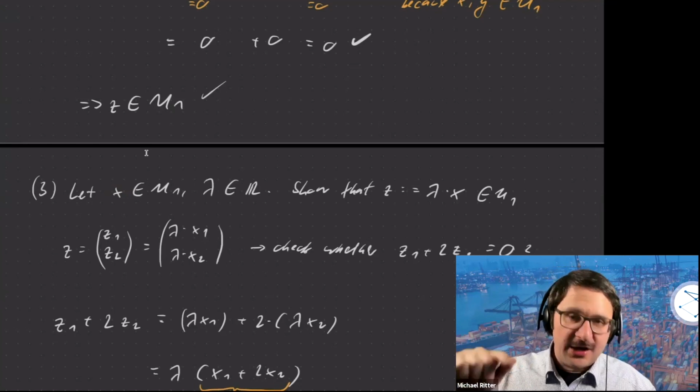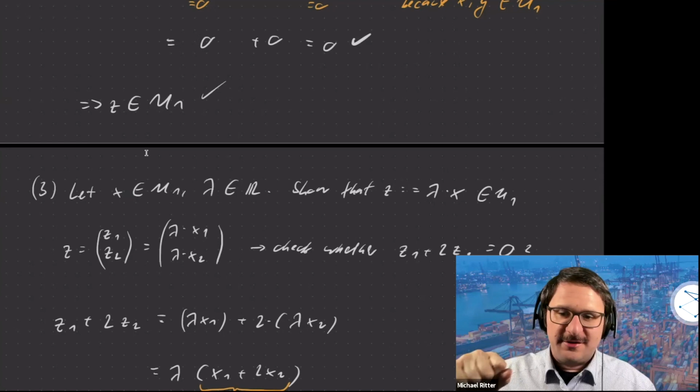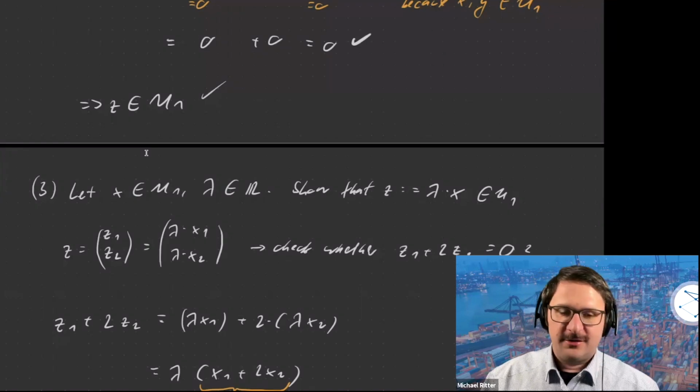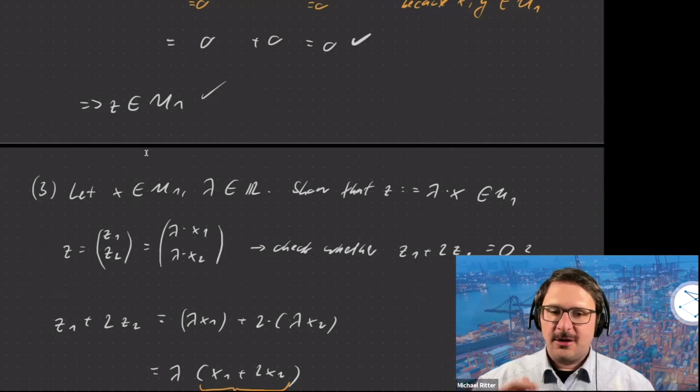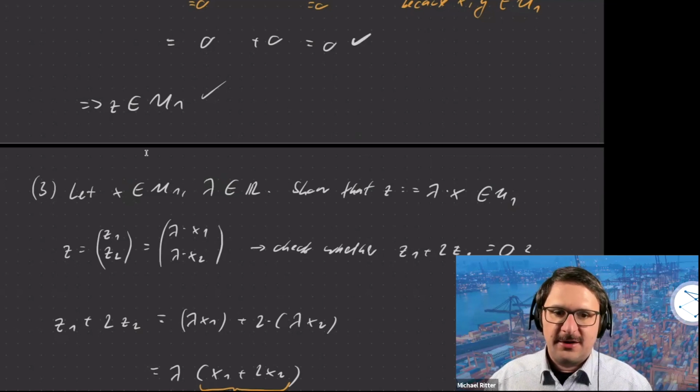What you can do, however, is use actual numbers if you want to provide a counterexample. If you want to show that a given set is not a linear subspace, then it's sufficient to exhibit one pair of vectors where their sum is not contained in that space anymore, because the property must hold for every pair of vectors.